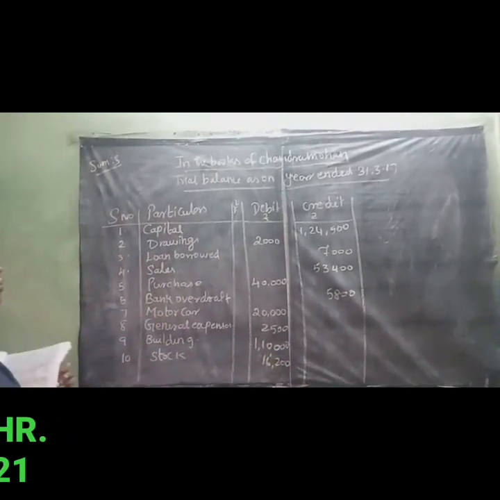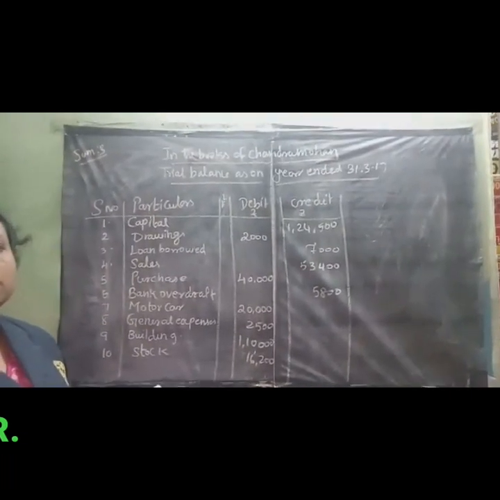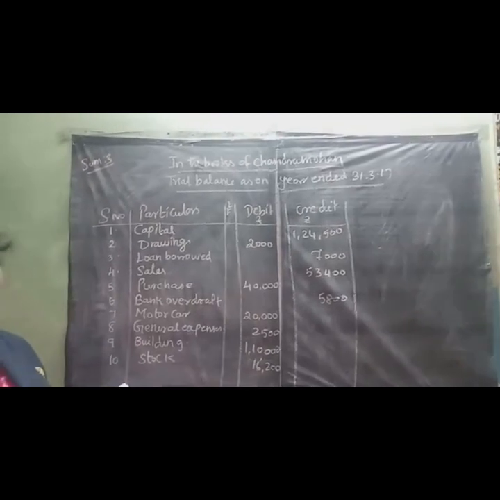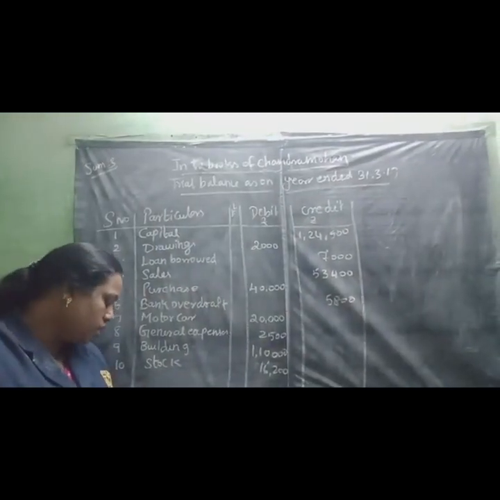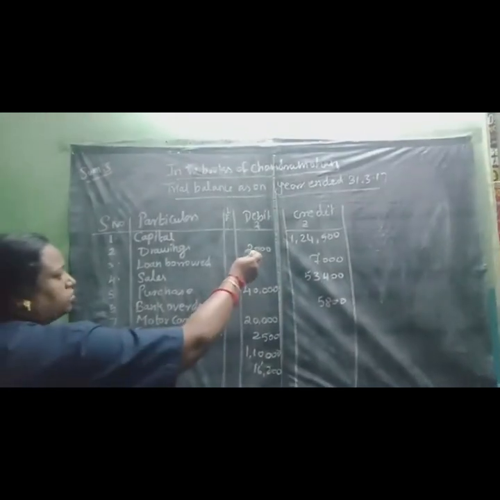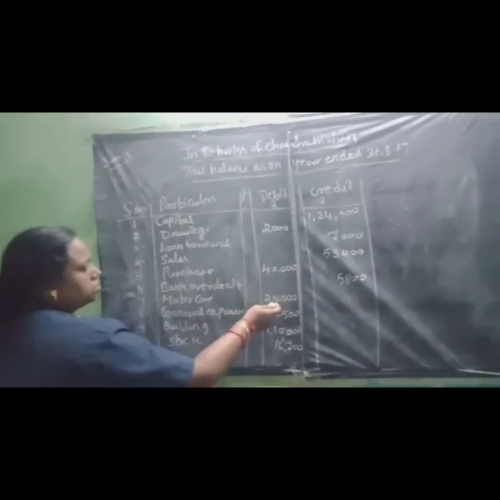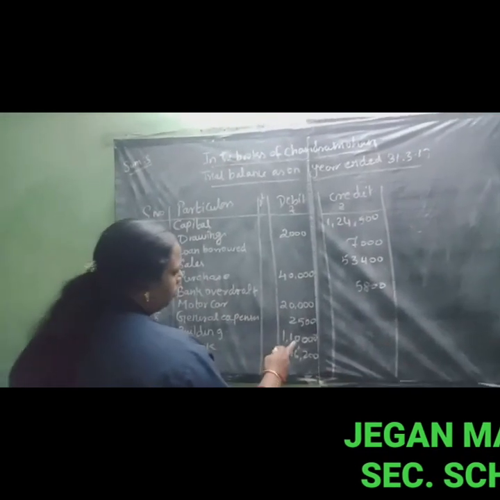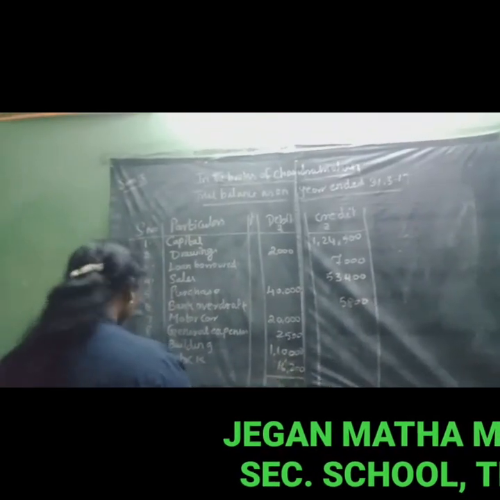So all the debit items come to the debit side. All the assets come to the debit side. Expenses all come to the debit side. All the liabilities come to the credit side. So what is the total? You have to add the total now. So debit column 2,000 plus 40,000, 42,000 plus 20,000, 62,000 plus 1,10,000 plus 2,500 plus 16,200.